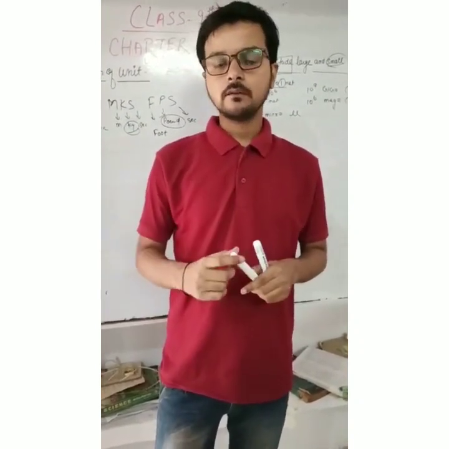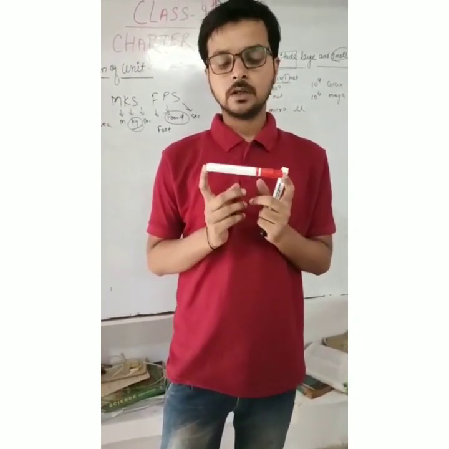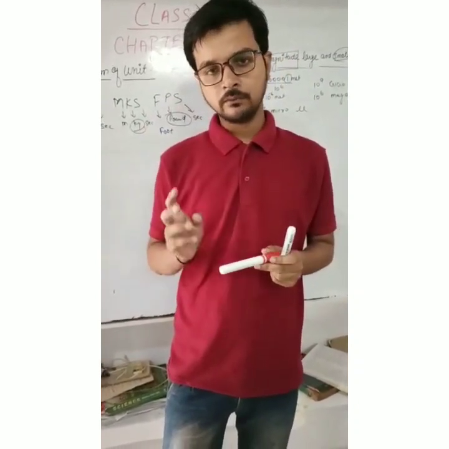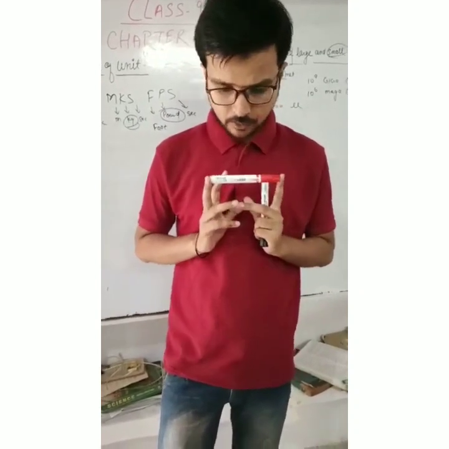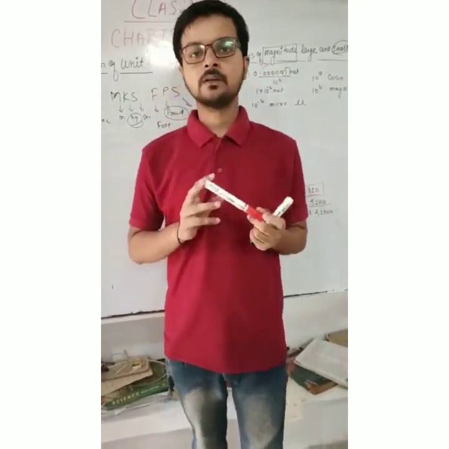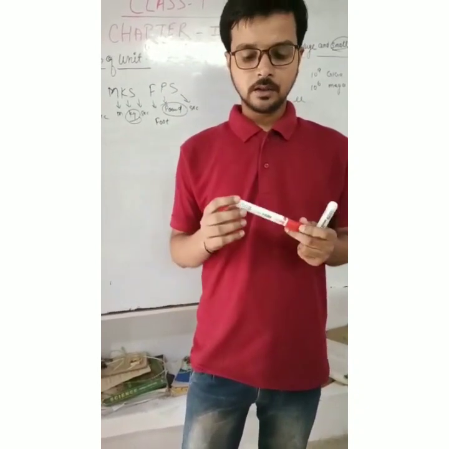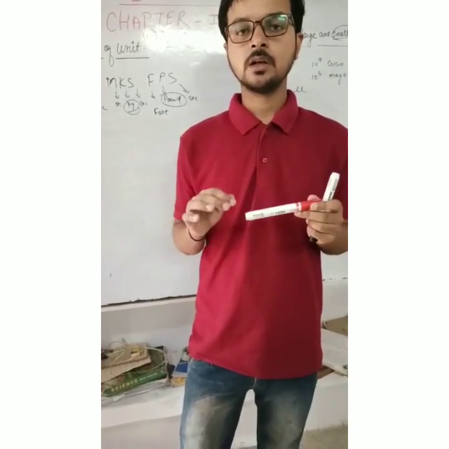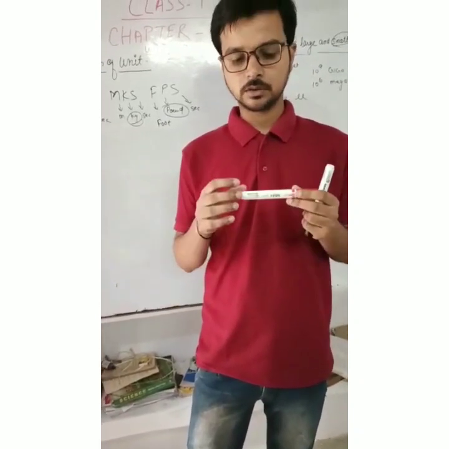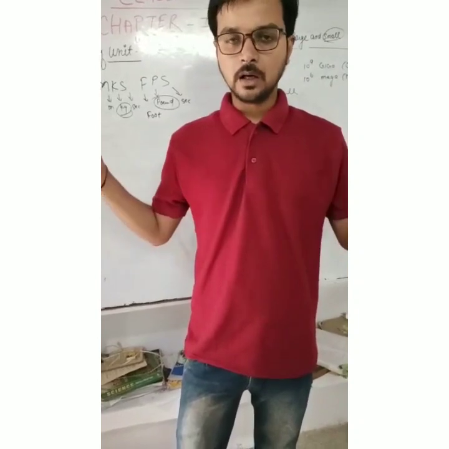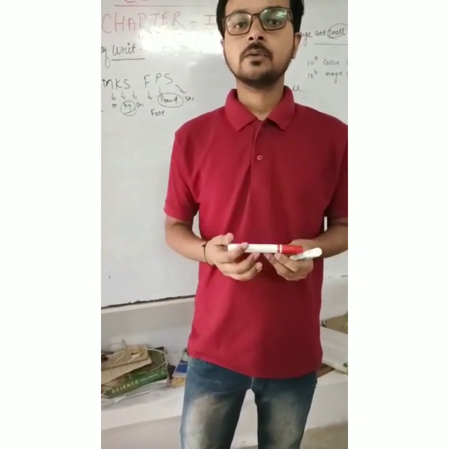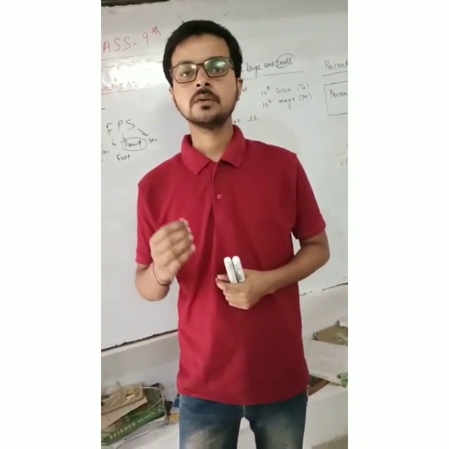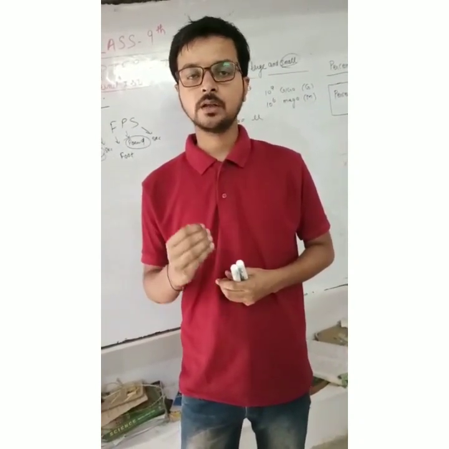When we measure a small wire's length in winter, it will be different from when we measure it in summer, because in summer the wire undergoes thermal expansion. This expansion is called linear expansion, because the wire expands. So students, we must be very careful in the measurement of any physical quantity.